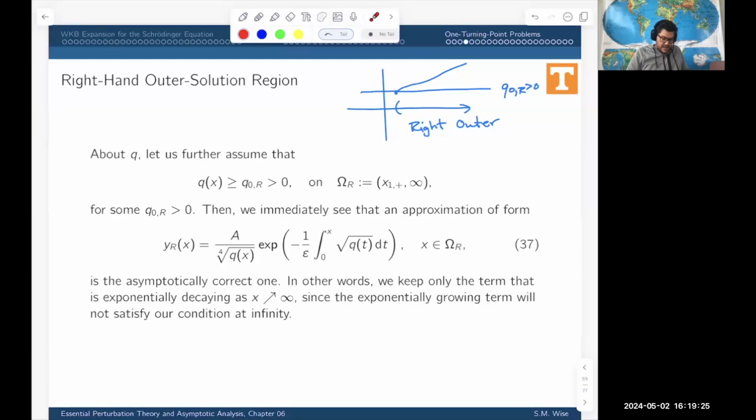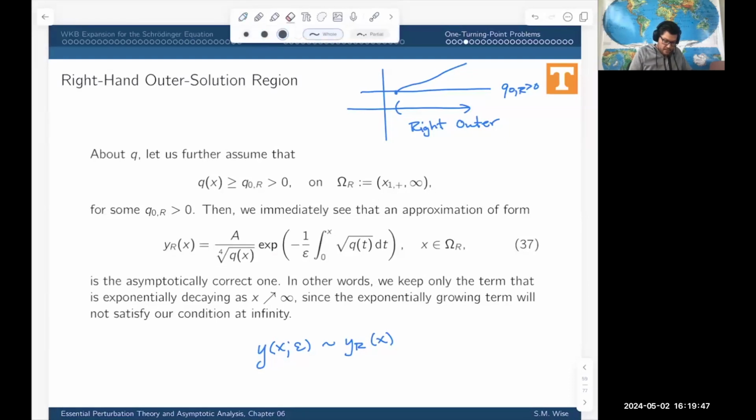So this tells us what the outer solution region or outer solution should be. And basically we're saying, even though it's not written here, that if we expressed our solution, then it's going to be equal to y_R of x.